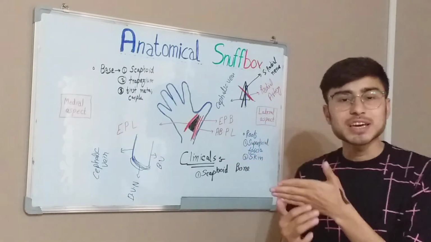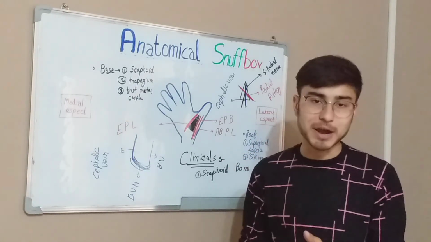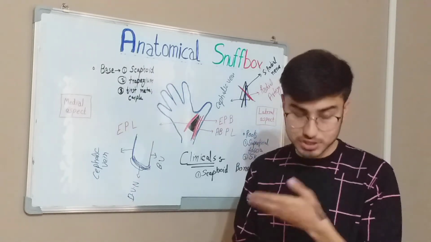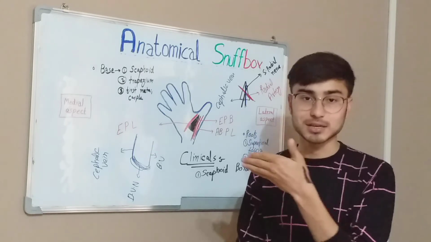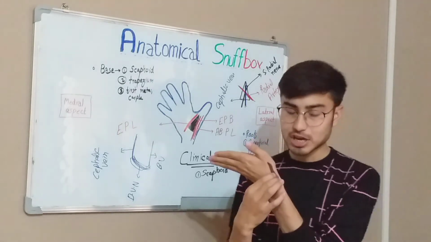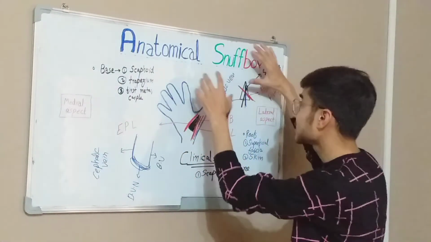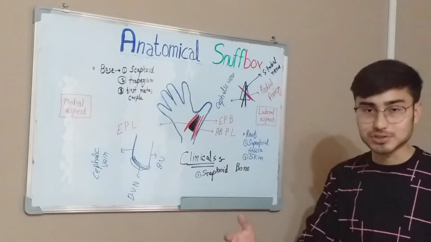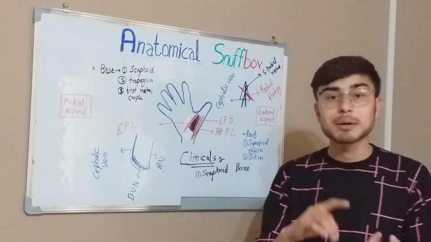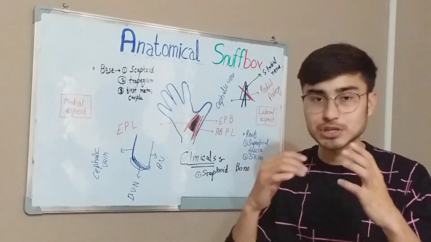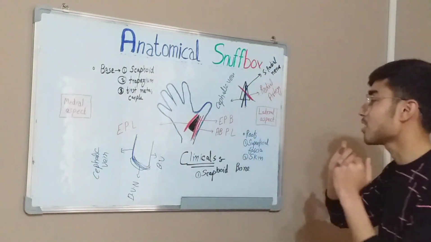So if there is any fracture in the scaphoid bone, the surgeon will palpate the scaphoid bone in the patient. At the anatomical snuff box, you can palpate the scaphoid bone for any fracture, and not only the scaphoid bone, but the trapezium bone as well as the first metacarpal you can detect in the anatomical snuff box also.